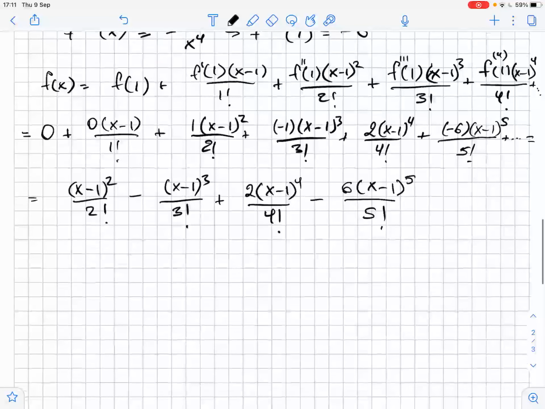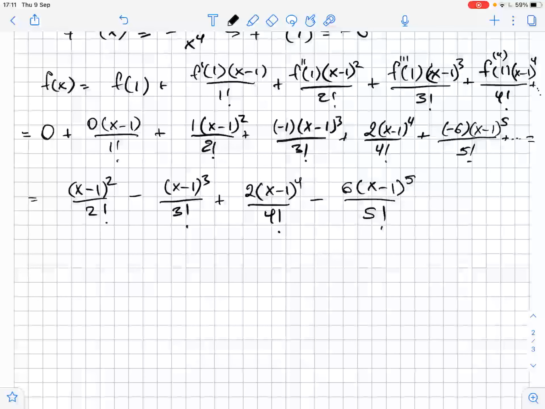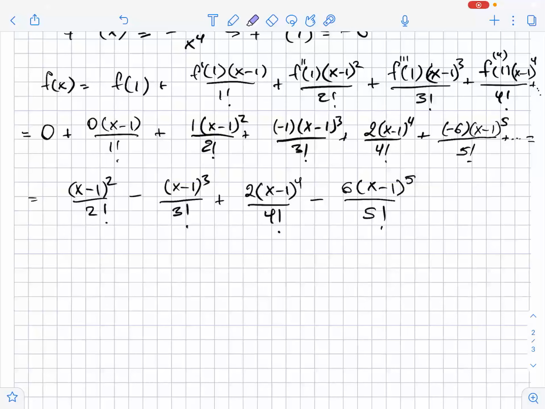We don't need to simplify it more. So we have the first 4 non-zero terms of this Taylor series.